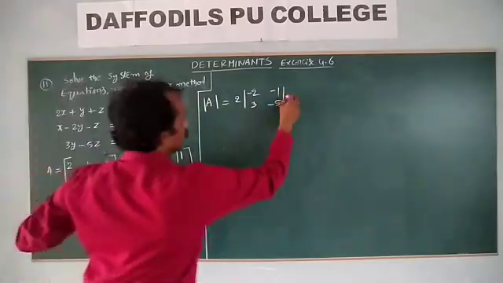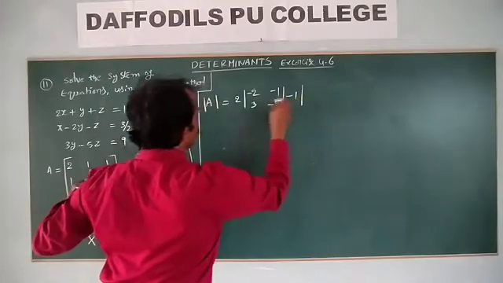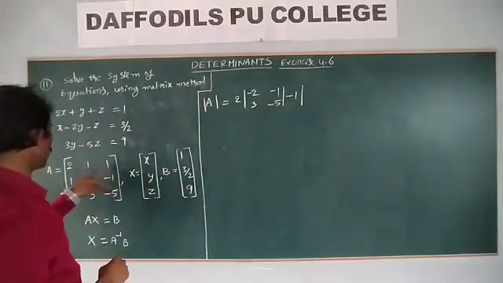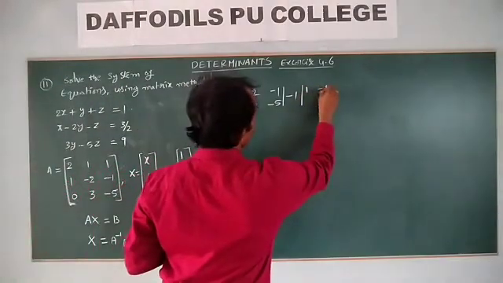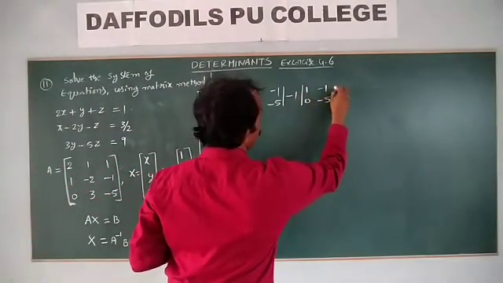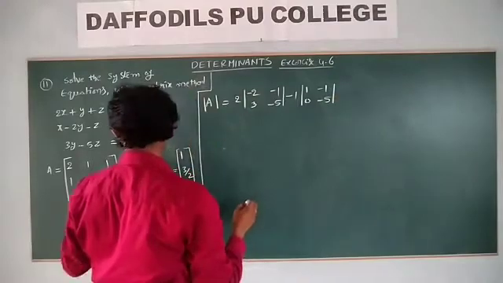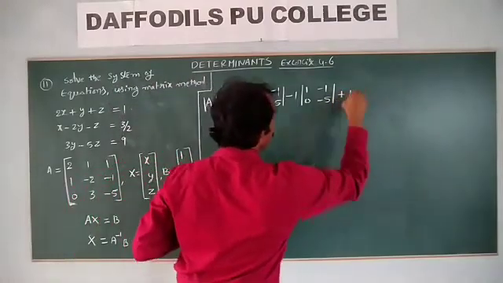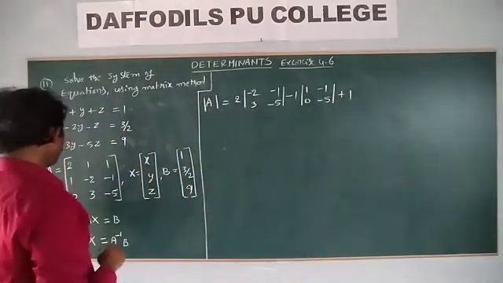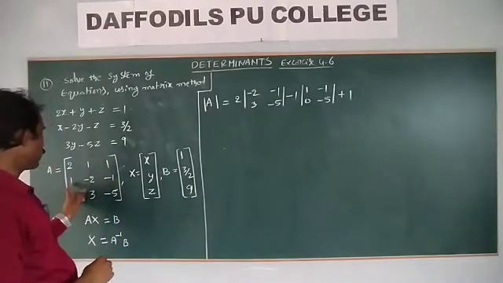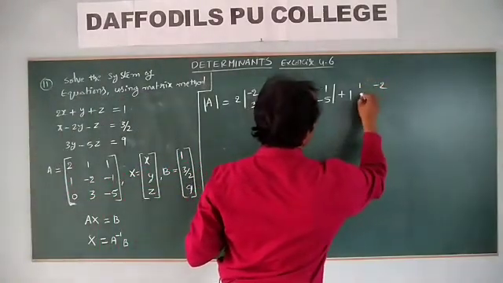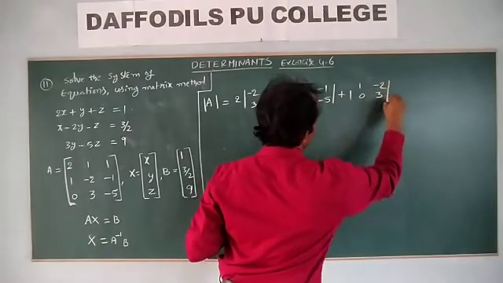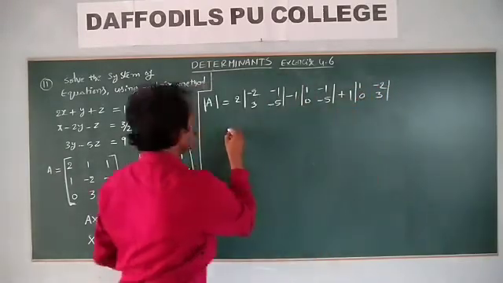Next, minus 1 times the minor after deleting this row and this column, which is 1, minus 1, 0, minus 1. Next, plus 1 times the minor after deleting this row and this column, which is 1, minus 2, 0, 3.